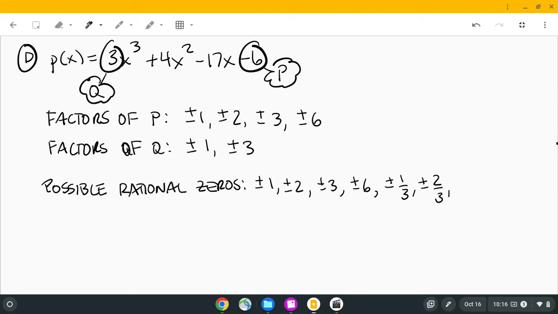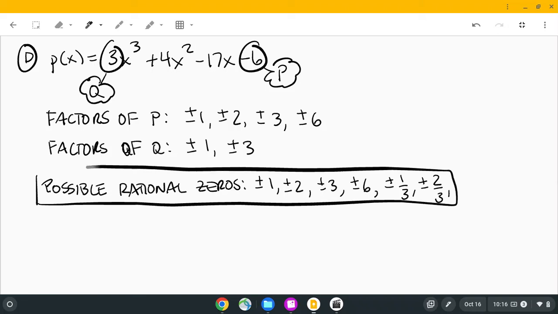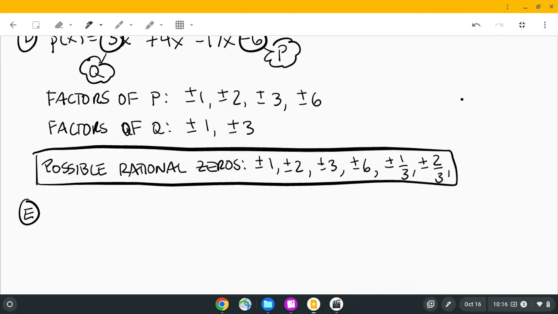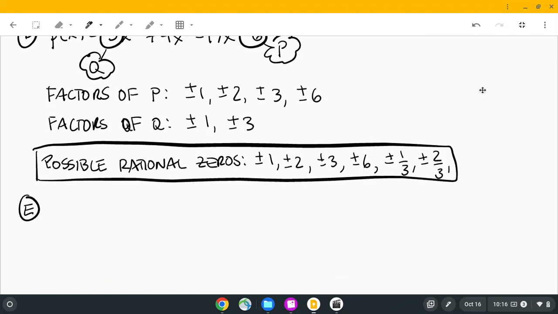So these are my possible rational zeros. Go ahead and give it a try. Let's just do one more, and you try this one, and then check with my answers.